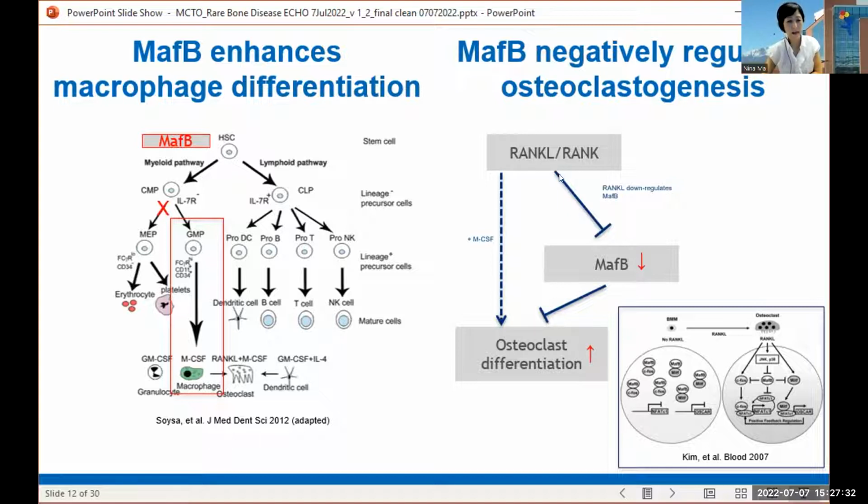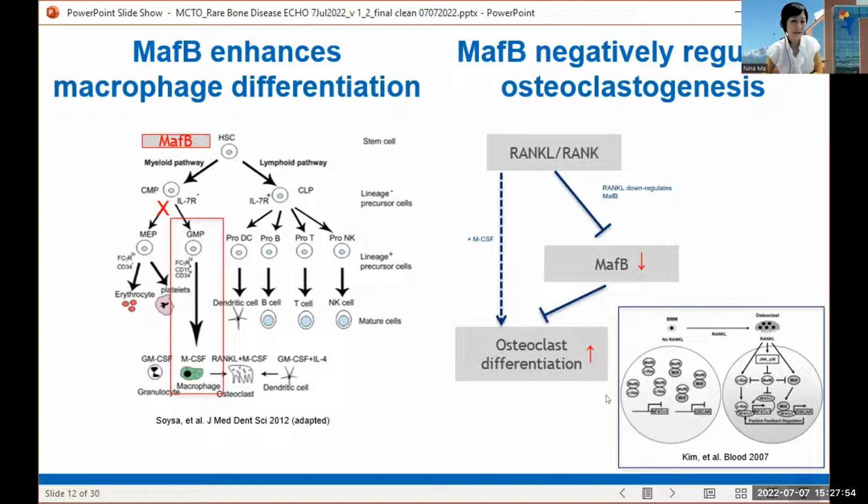And RANK ligand stimulates this downregulation of MAFB. And when MAFB expression is downregulated, this then enables key factors like MITF and NFATc1 to drive transcription of OSCAR, which is important for osteoclast differentiation.